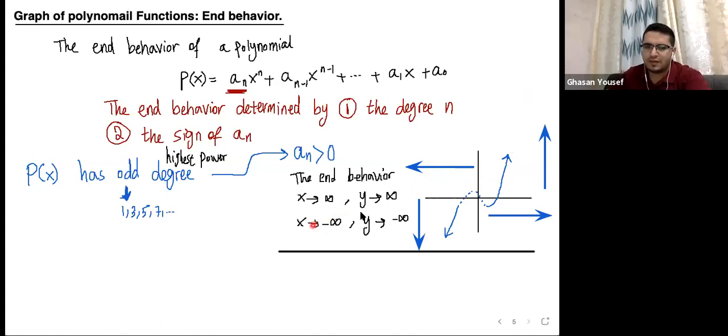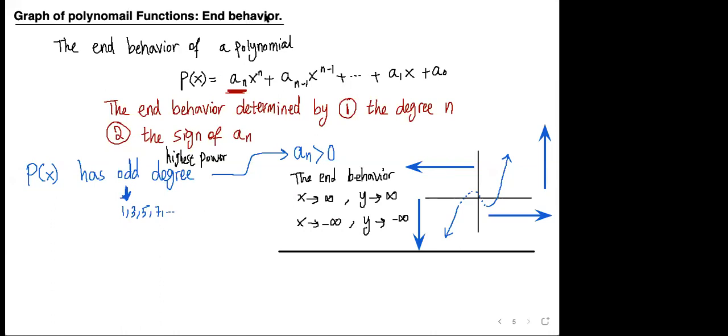And the same thing when x goes to minus infinity, on this side, the y value goes to minus infinity, goes down. Goes down means y goes to minus infinity, large negative numbers, like -1, -2, -3, -4, -5, to minus infinity. I hope it's clear now. Okay, thank you.